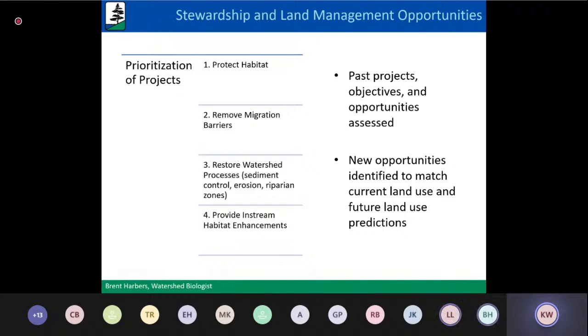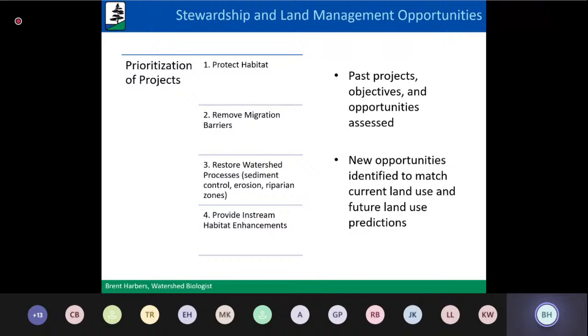Okay, so one of the last things we did as part of this project was we looked at past projects that were done in terms of restoration and stream health in the North Castor catchment, and we prioritized a new list of projects for the City of Ottawa as well. So they'll be getting a table of projects that were prioritized based on the criteria shown on this slide. And this follows a best management practice for restoration projects.